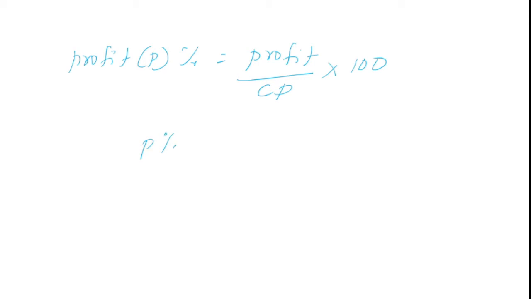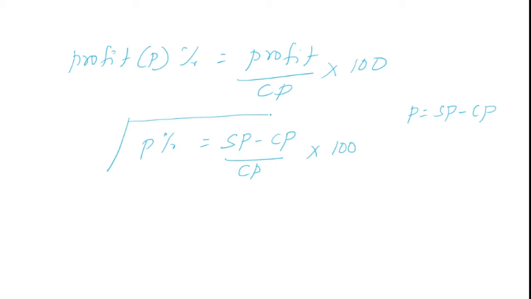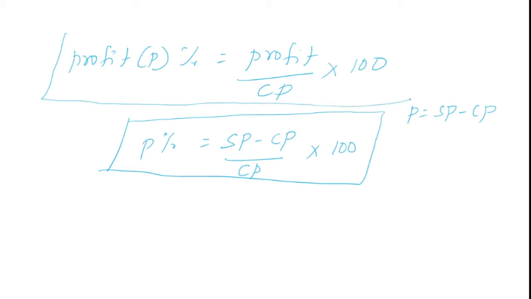We know profit is selling price minus cost price, so profit percentage is SP minus CP by CP into 100. This formula you need to remember; it is easy to remember. Whether it is a profit or a loss, when it comes to percentage, we divide by cost price and multiply by 100.